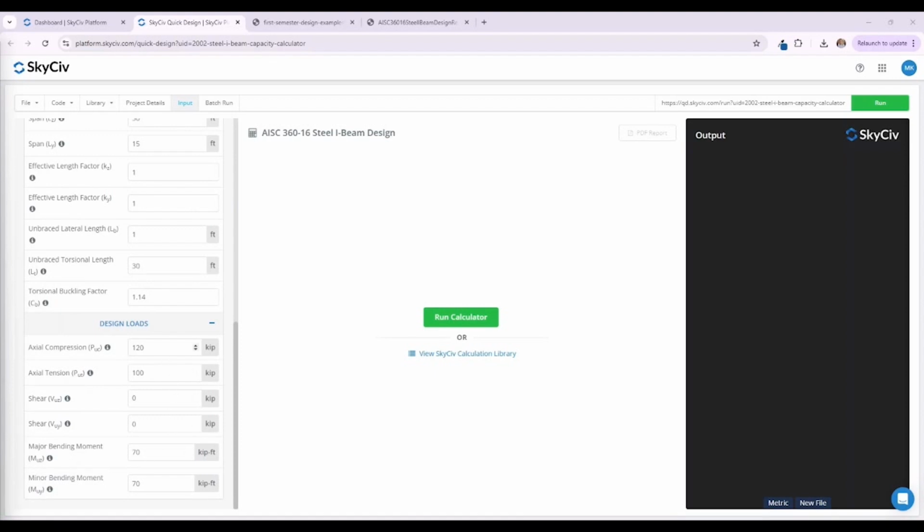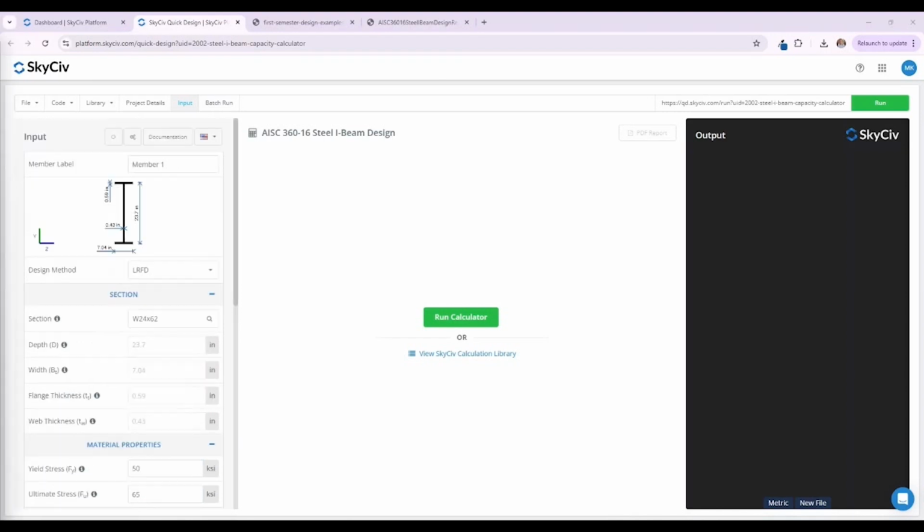So I am going to change the axial compression to 0 kips, the axial tension to 0 kips, and I'm going to make the shear force about the major axis 290 kips. I'm also going to change the major and minor bending moments to 0 kip-feet.